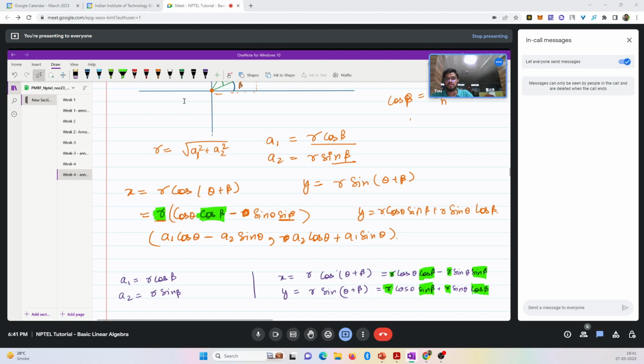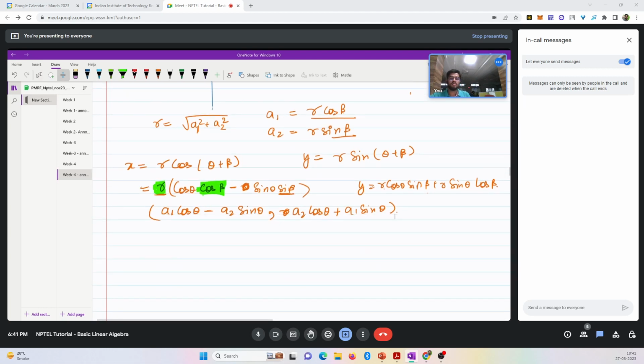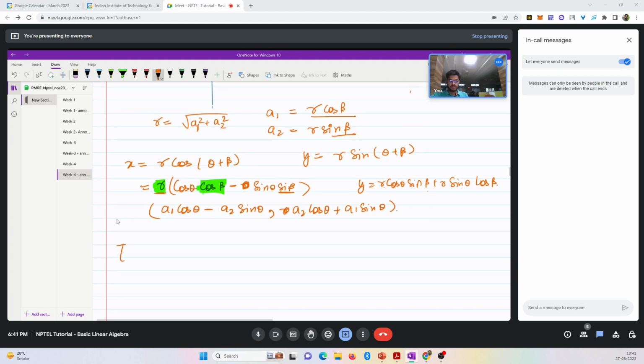So what we get out of this is, if you rotate a vector a1 comma a2 by angle theta counterclockwise, then what you obtain is a1 cos theta minus a2 sin theta, a2 cos theta plus a1 sin theta.